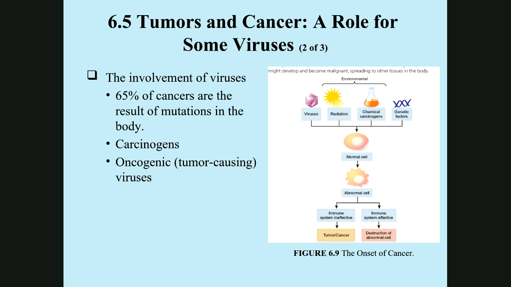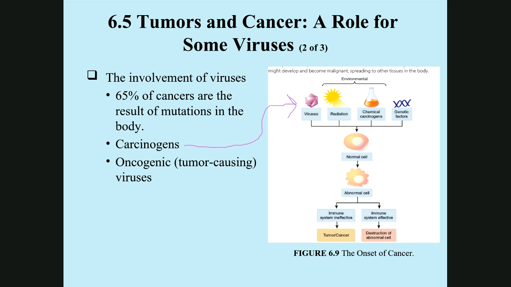Well, viruses are one of those too. So viruses are considered a carcinogen. All of these things here are carcinogens, okay? And so what happens is they take a normal cell and alter the DNA so that it just starts acting abnormal and doing all those things that we already talked about, okay?